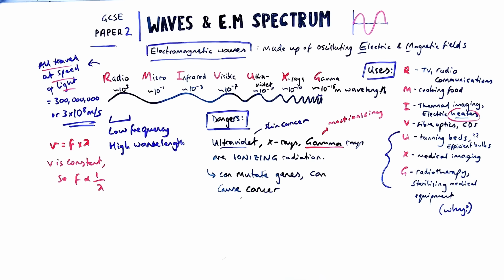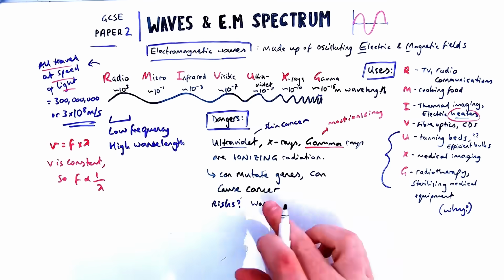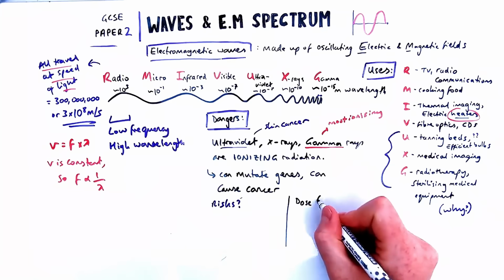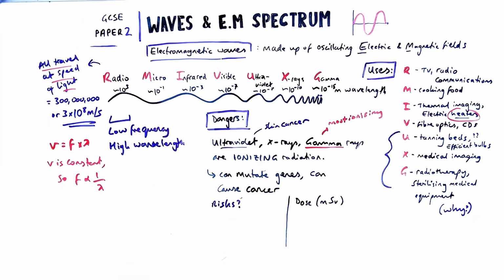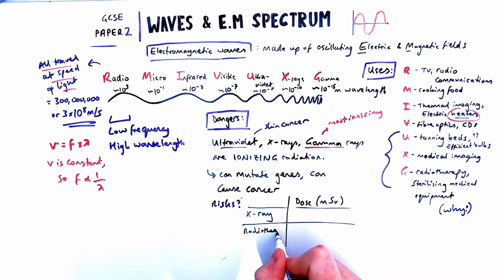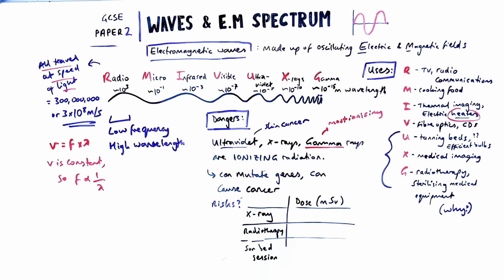Despite these types of radiation all being dangerous to an extent, they're useful to make things like X-rays. So if I was to compare the dose received by an X-ray, by a radiotherapy session, and by a sunbed session, we can analyse and compare the danger from their dose. So the dose we're using here, the units, is in millisieverts.